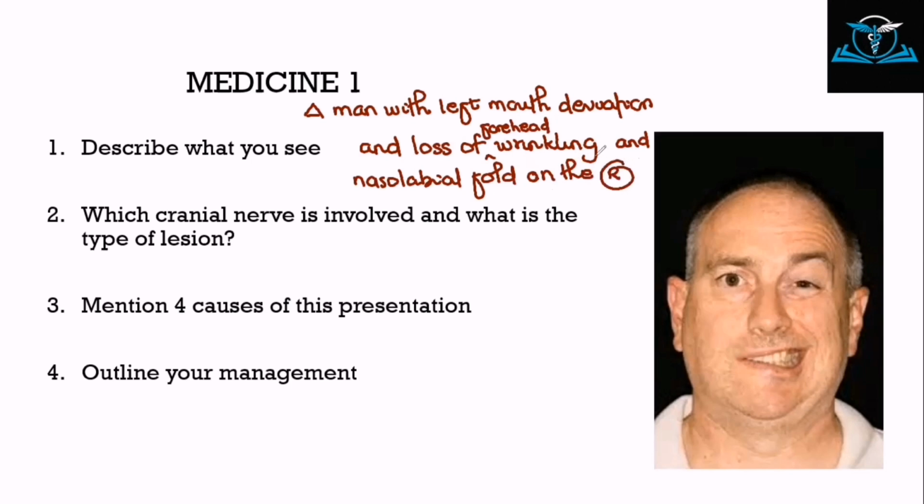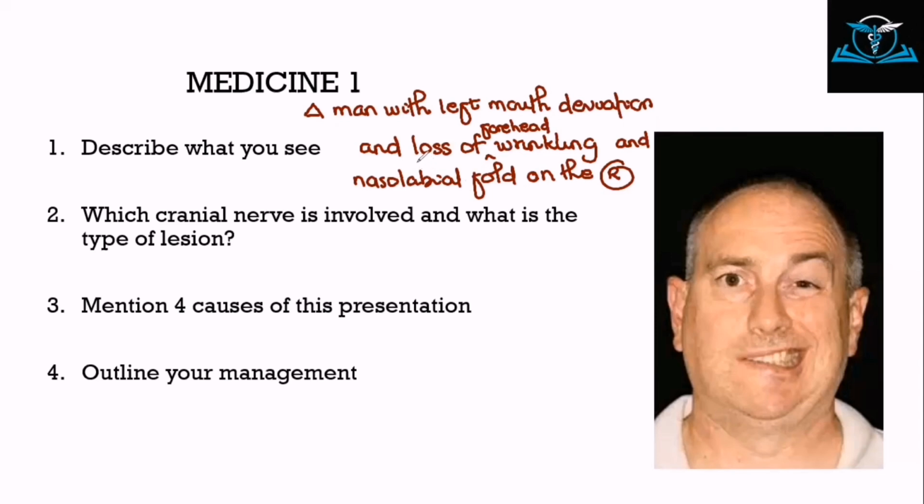Please write the right in full, okay? A man with a left facial or mouth deviation and loss of forehead wrinkling and nasolabial fold on the right. Is that okay?